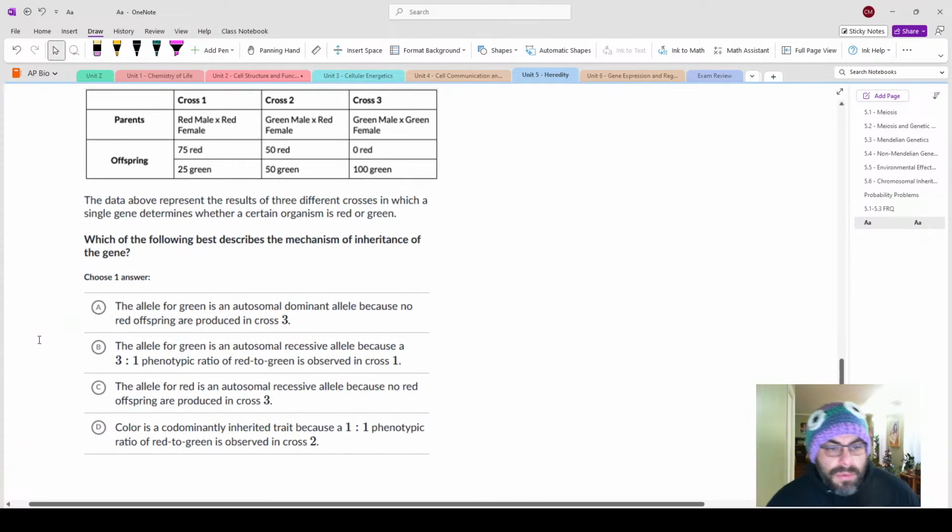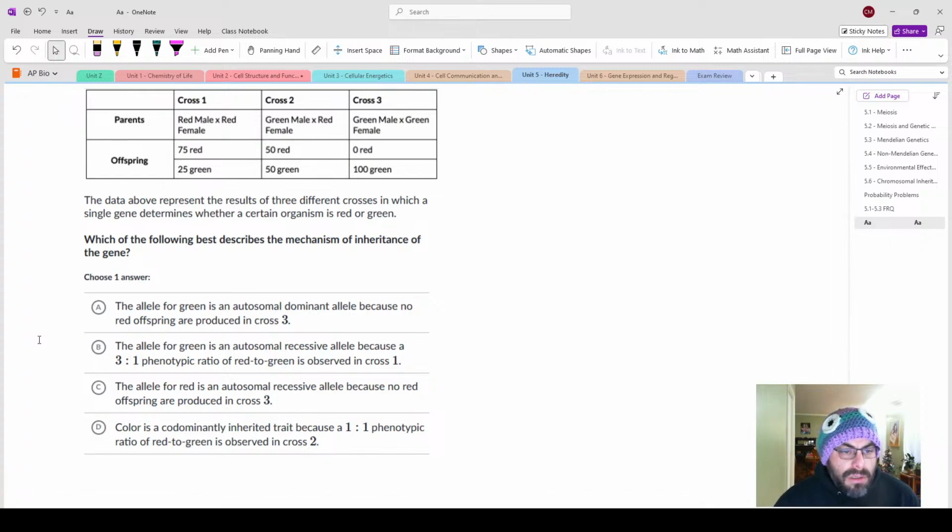That above represents the results of 3 crosses, different crosses, in which a single gene determines whether a certain organism is red or green. So what is that saying? It's saying that you have one gene that determines red-green, and red and green are the 2 different alleles. That's all it's saying. Which of the following best describes the mechanism of inheritance in the gene? So let's look.